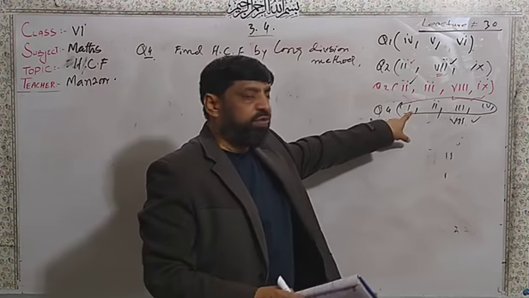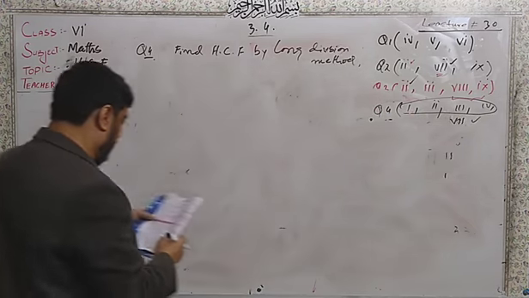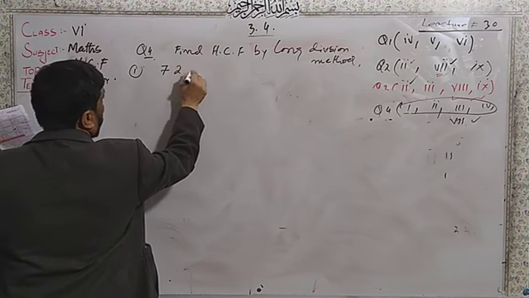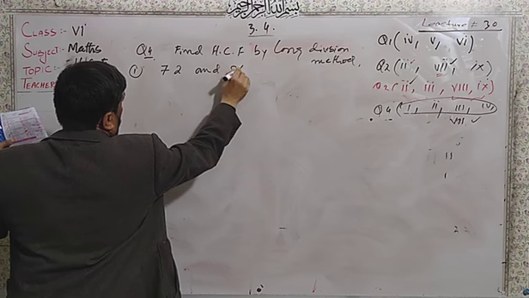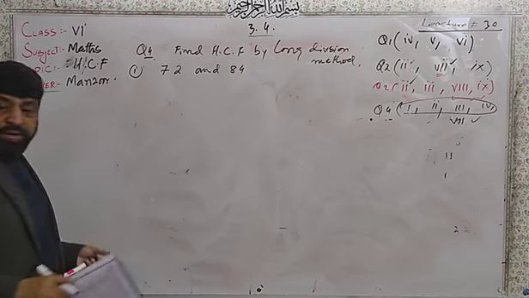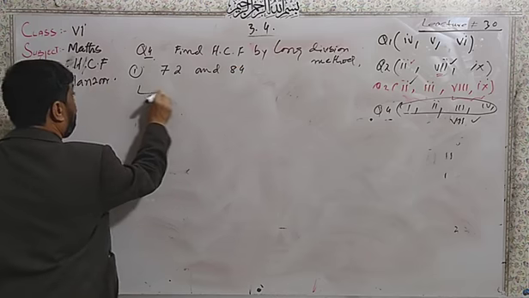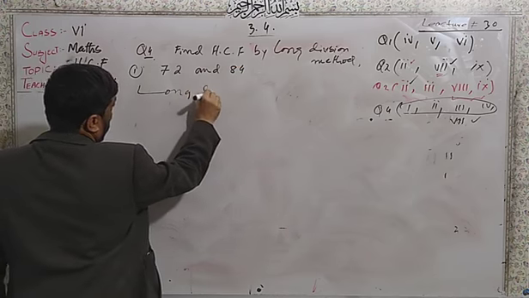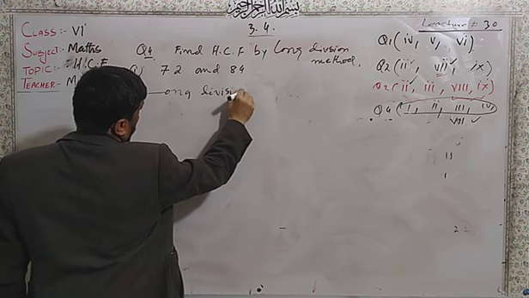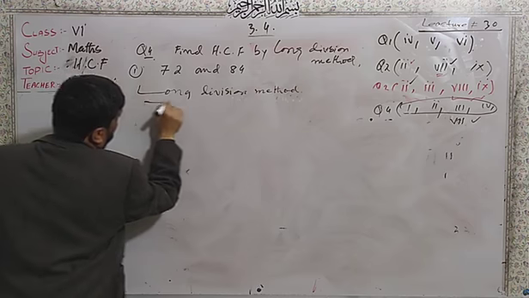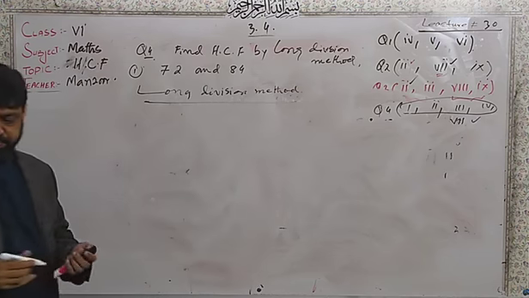I will do one part which consists of 2 values, and that is part number 1, 72 and 184. Dear students, at the very start I told you which method we are doing: the long division method. This is used to find the highest common factor.